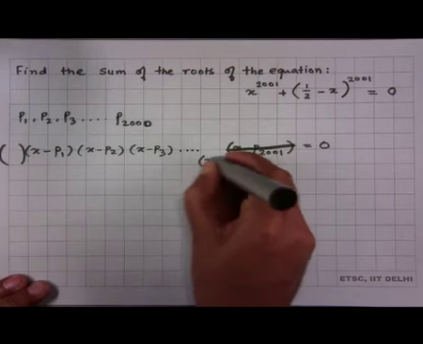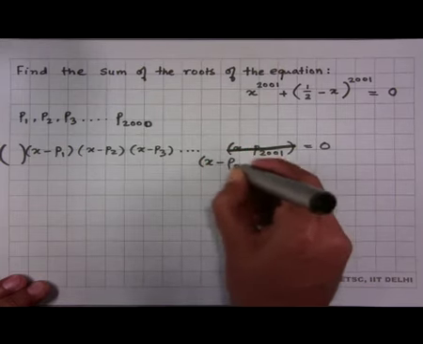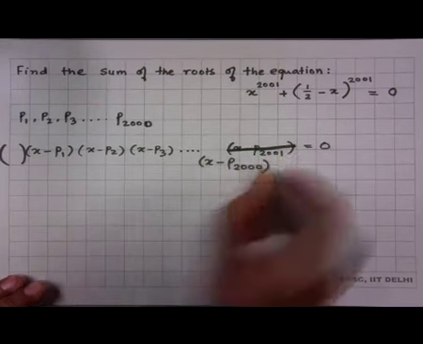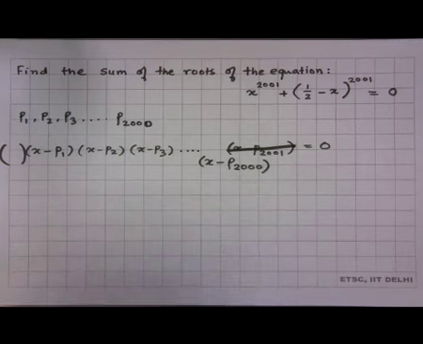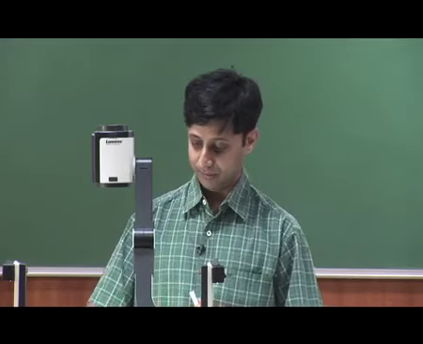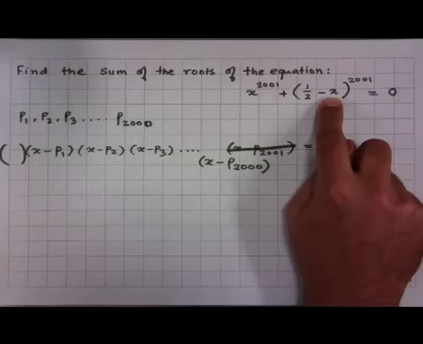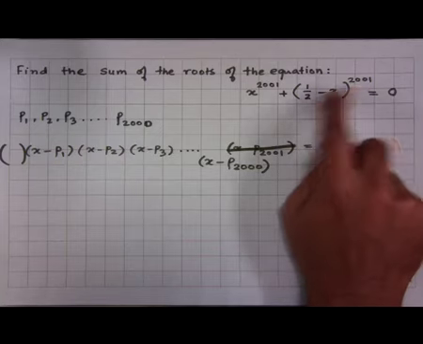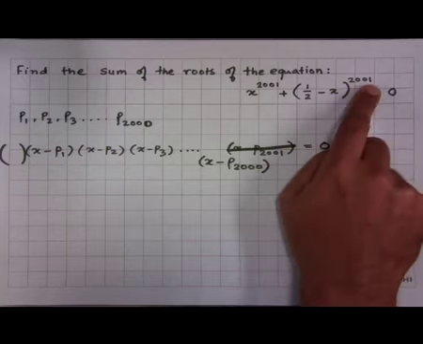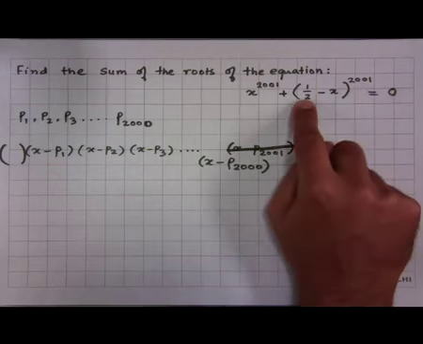The last term you will see is (x minus P2000). For the 2000th term, what will you get? You will get x to the power 2000, minus (minus x) to the power 2000, which is a plus, and you will get a half.